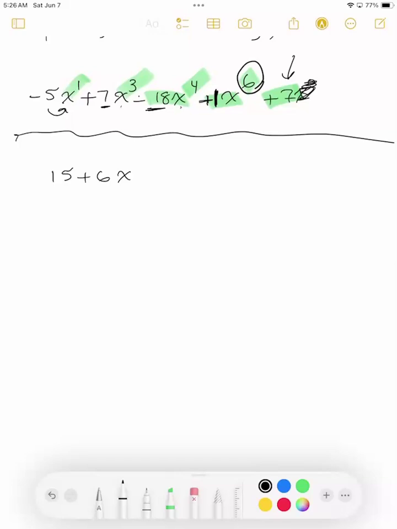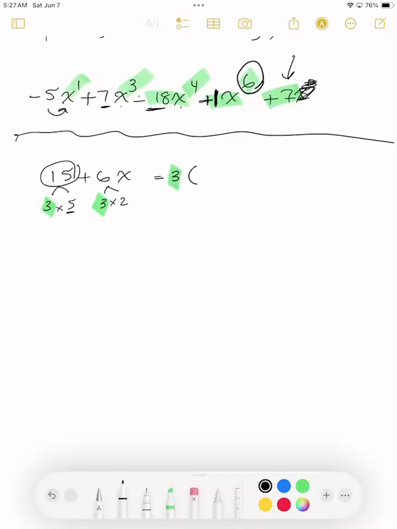To factor this, you are going to look at the factors of 15, which are 3 and 5. Factors of 6 are 2 and 3. As you see, 3 is the common factor. So if I factor a 3 from 15, I'm left with a 5. You write the common factor first, which is a 3, and open up a parentheses.